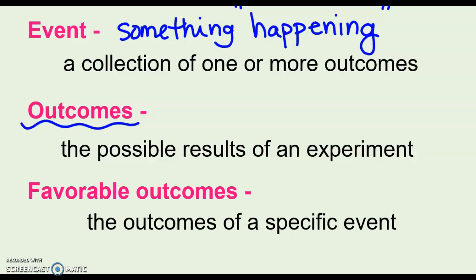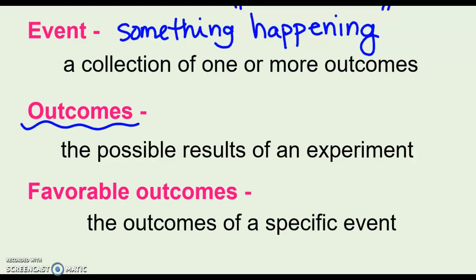And then favorable outcomes, right? So favorable outcomes are the outcomes of a specific thing happening, right? So if I say, when I flip a coin, I could get heads or tails. But if I just want to know when I'll get heads, then heads is the favorable outcome, okay? Or if I'm talking about drawing a card out of a deck.